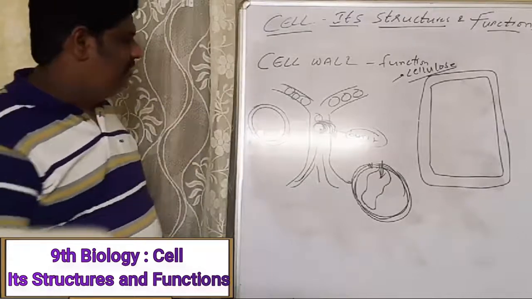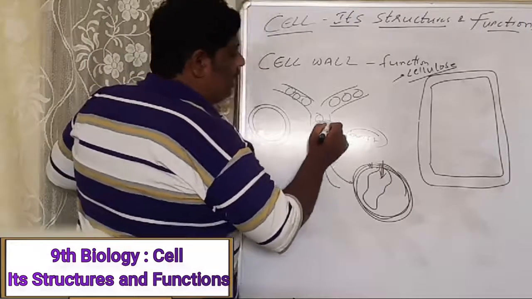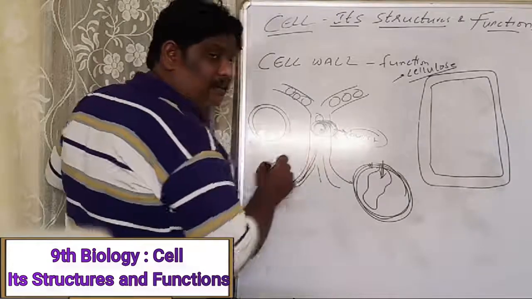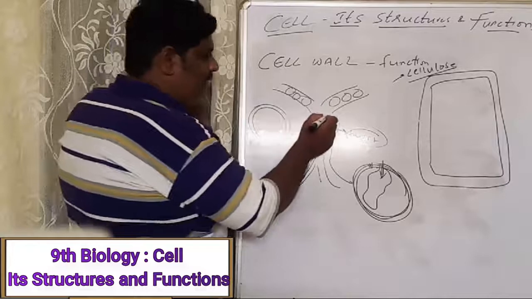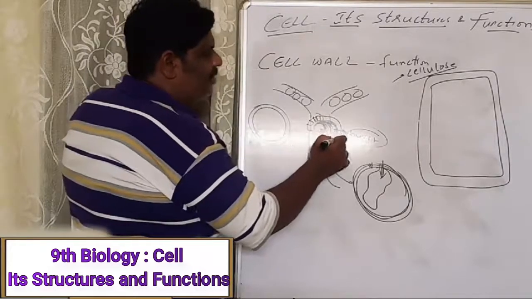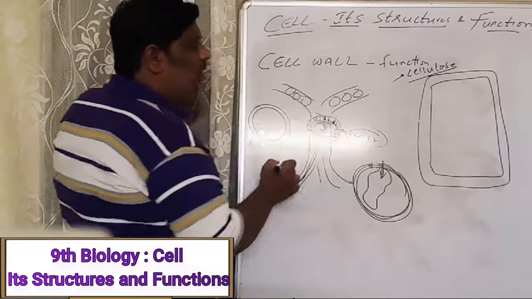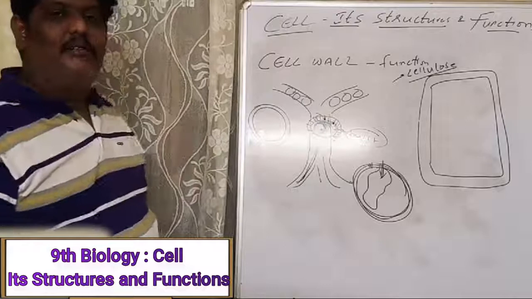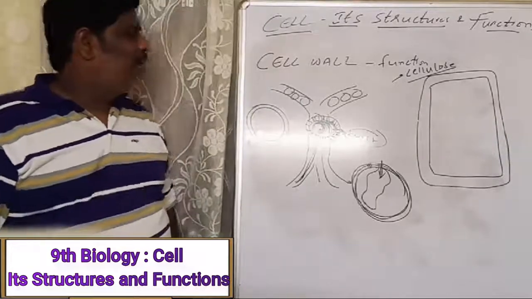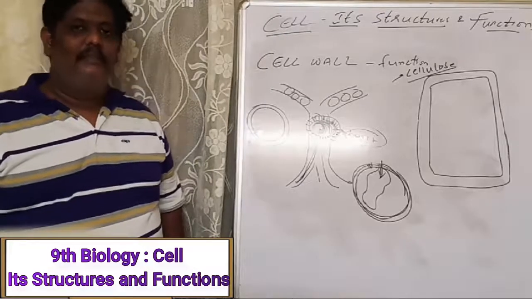In the same way, the water which is coming inside can make the cell burst. But here, the cell wall around it is acting as a protective layer. It will not allow more water than required to come inside. That is how it protects the cell from bursting.